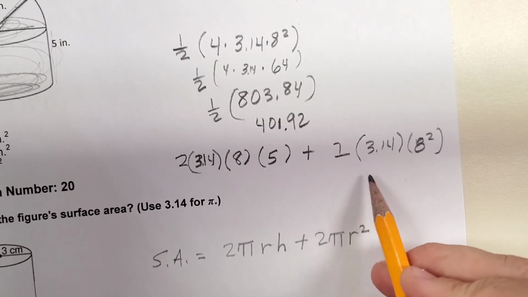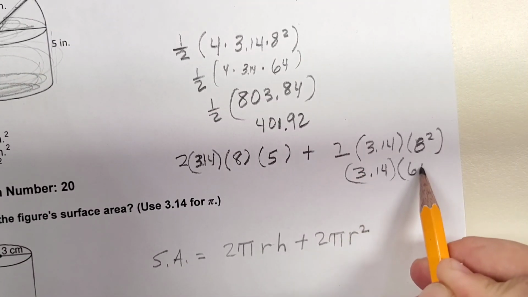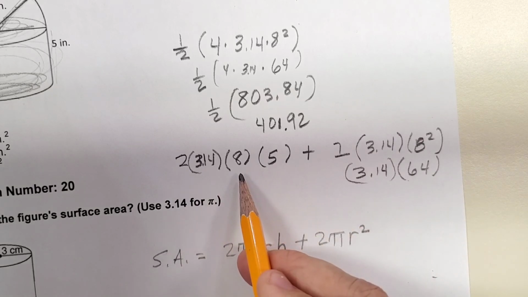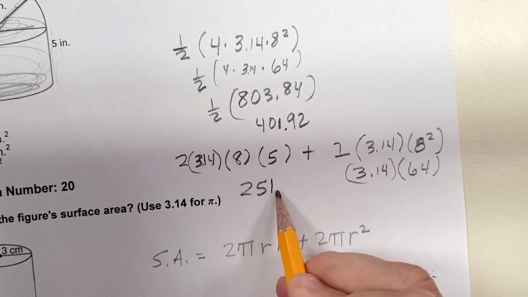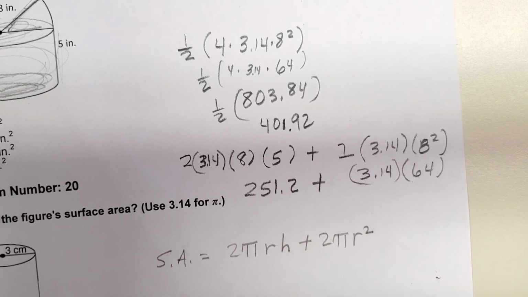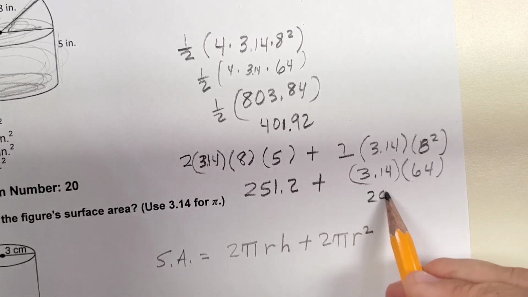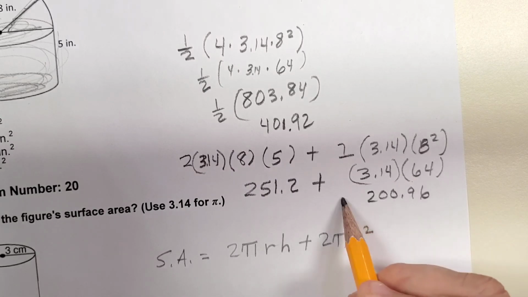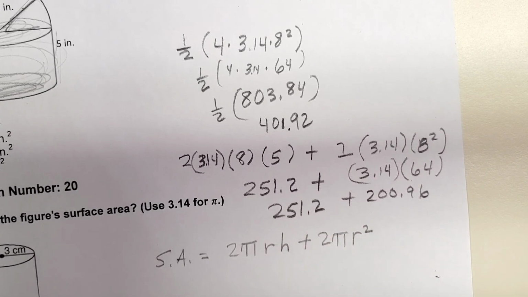This becomes pi times 64, and this over here becomes 251.2. Okay, this becomes 200.96, and we have to add that to 251.2.